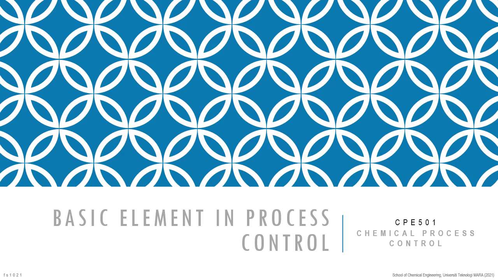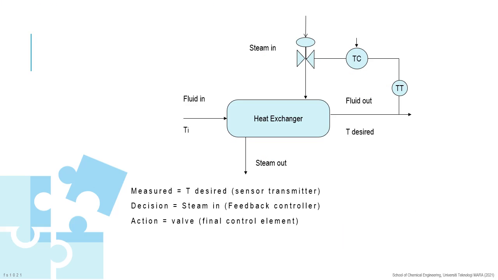Today we're going to learn a new chapter in CPE501 Chemical Process Control, which is the basic elements in process control. Process control for the heat exchanger shown in the slide is identified as a temperature controller. It consists of a measured element represented by the TT symbol, where process variables are measured from the output stream.